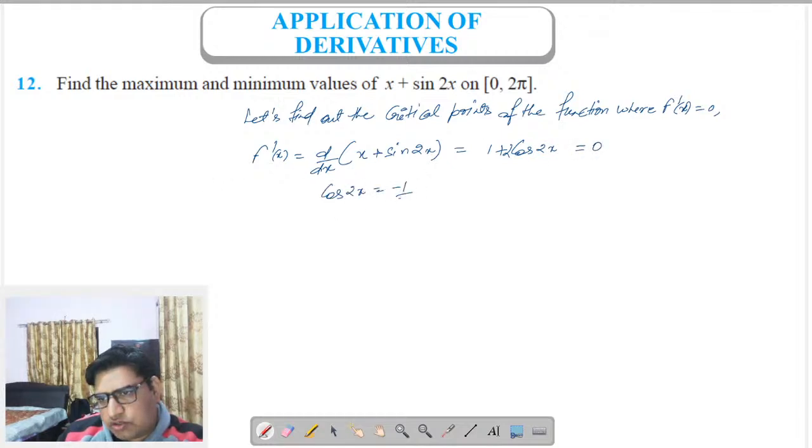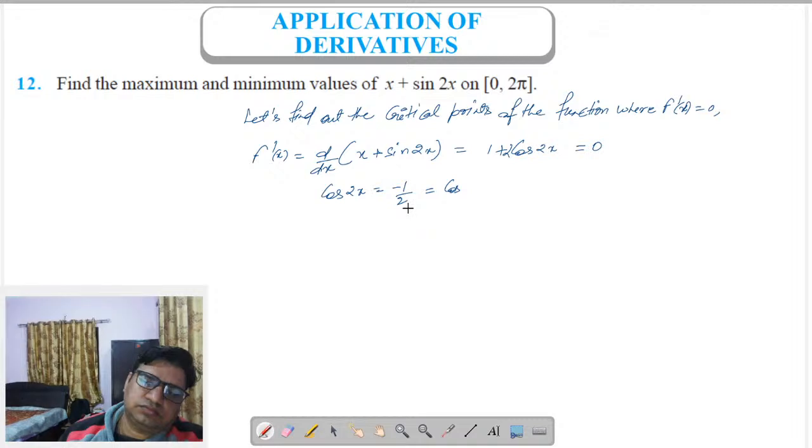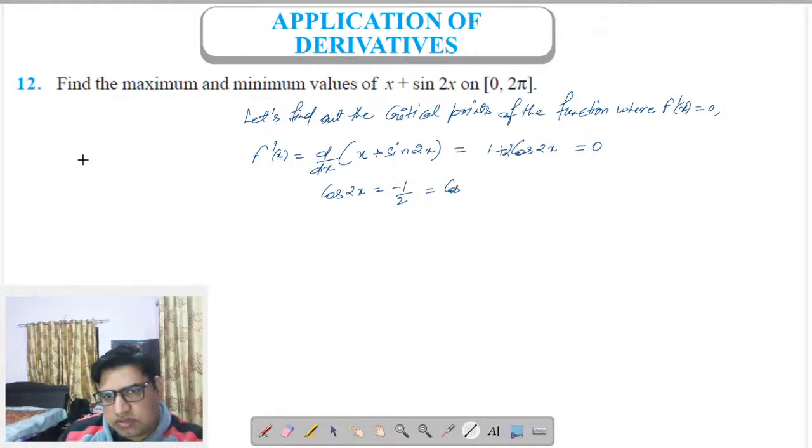cos 2x is equal to minus 1 by 2, and cos 2x is equal to minus 1 by 2. It is minus 1 by 2, so it will be ASTC. So let's see how it will be.